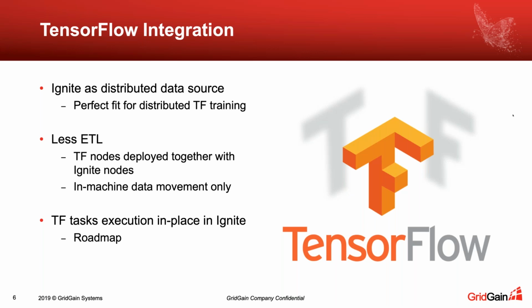What does it mean? It means that, let's say, if you want to execute a TensorFlow task, you want to avoid the data movement at all between Ignite nodes and TensorFlow nodes. It's extremely hard to do that, but since it's a technical task, it's possible, and that's something that we're considering. But right now, we are still waiting for the first feedback. We are doing some of the obvious improvements, so try it out, use it for your TensorFlow workloads, and come to us, share your feedback, and then together we can define the roadmap.